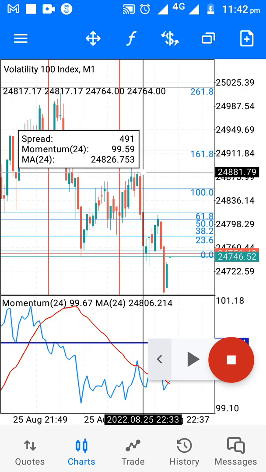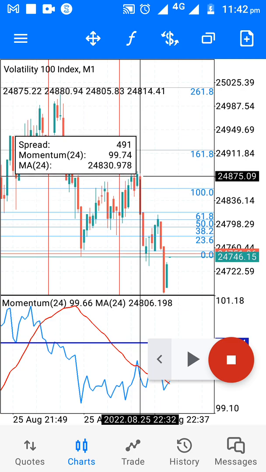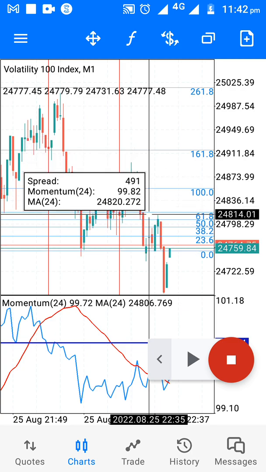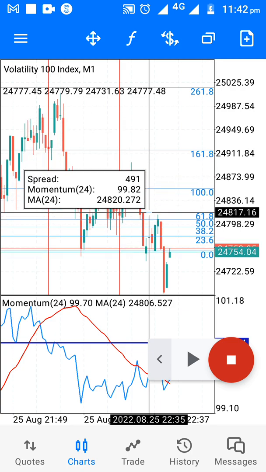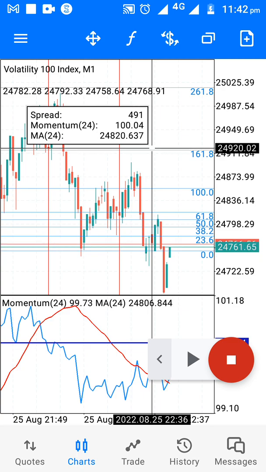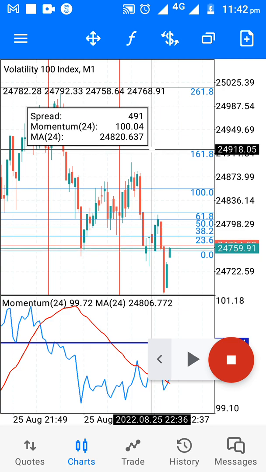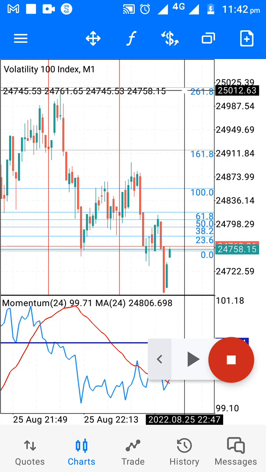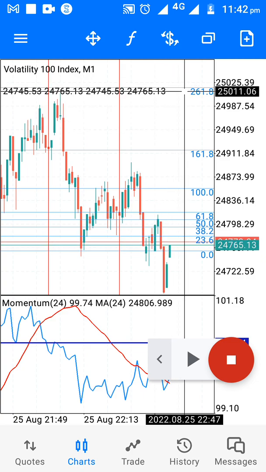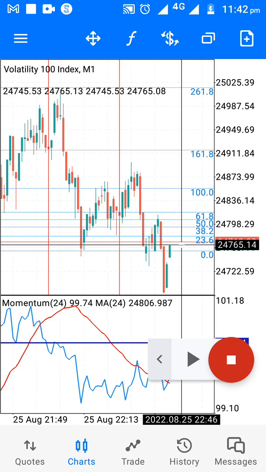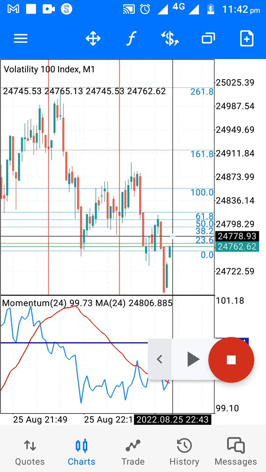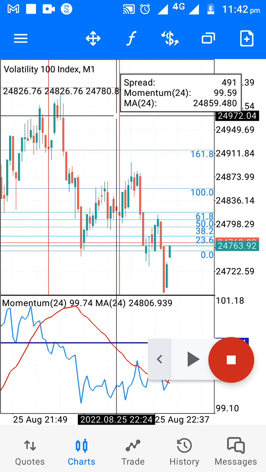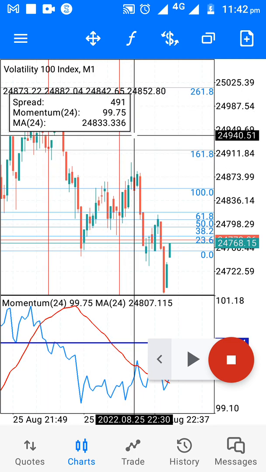So now remember again that the entry levels are 61.8 for the first time, if it is in a bullish market, you buy. 161.8 for the first time, if it is in a bullish market, you sell. And then 261.8 for the first time, if it is in a bullish market again, you sell.